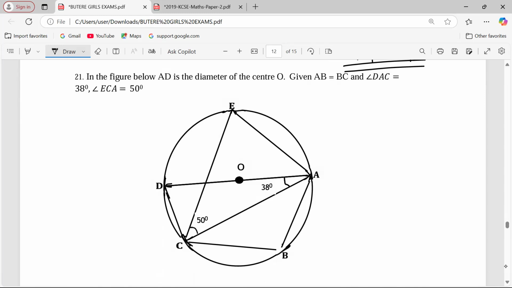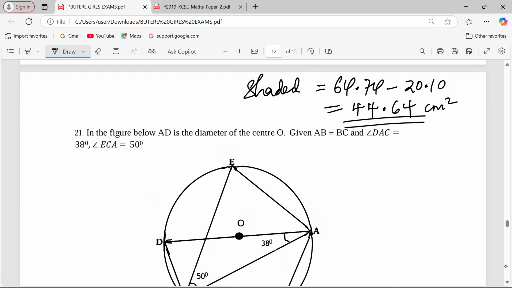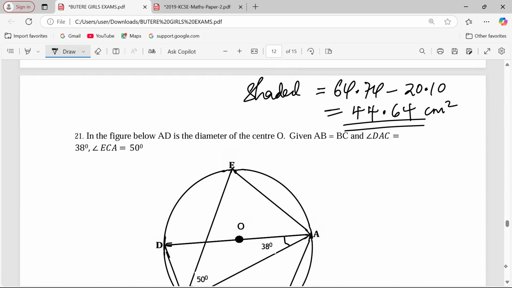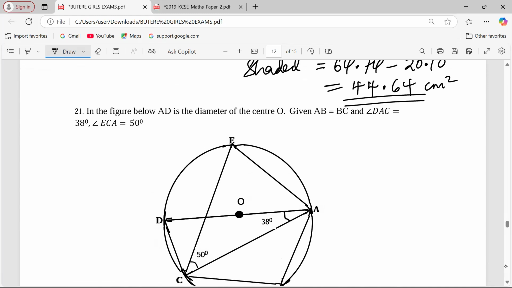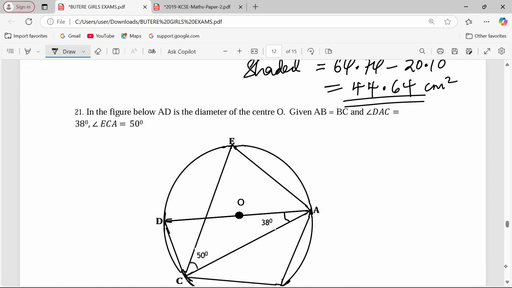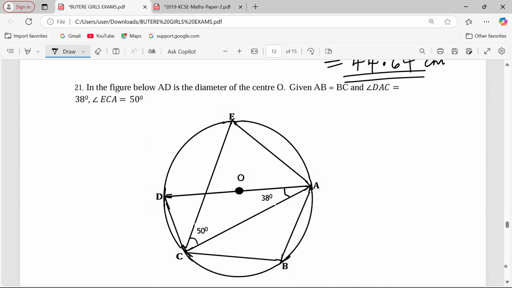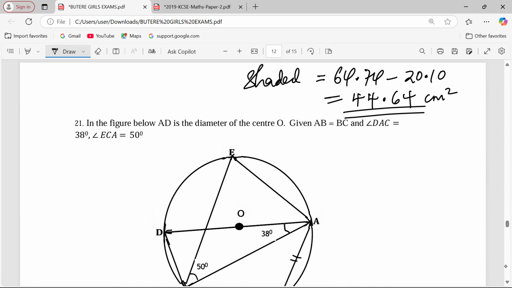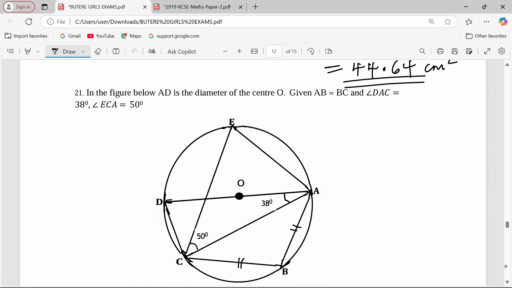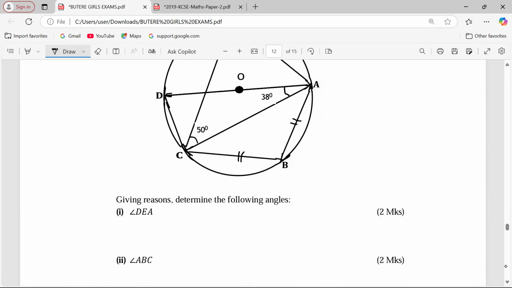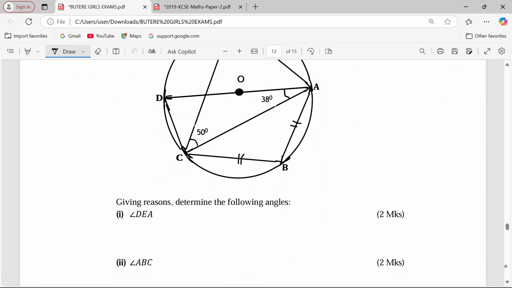In the figure below, AD is diameter of the circle, the center is O. Given that AB and BC are equal, this length and this one are equal, the angle DAC is 38, you can see that. And again, the angle ECA is 50, you can also see on the diagram. Giving reasons, determine the following angles.